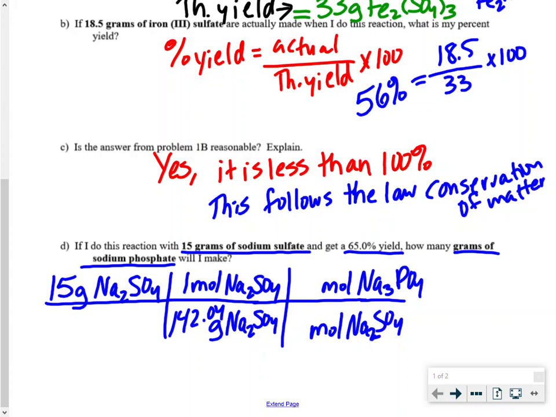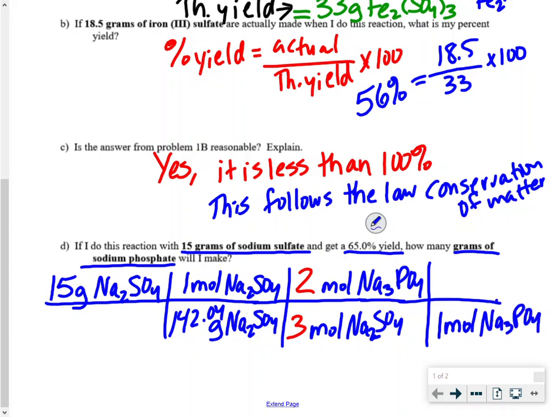Now we do mole ratio. So moles sodium sulfate going to the moles of the sodium phosphate. And I can't see the balanced reaction, so you tell me how many moles of Na3PO4 were up there. Was it 2? How many moles of the Na2SO4? 3. So we're inserting our mole ratio. And now we're going to keep going to grams, so we get our theoretical yield.